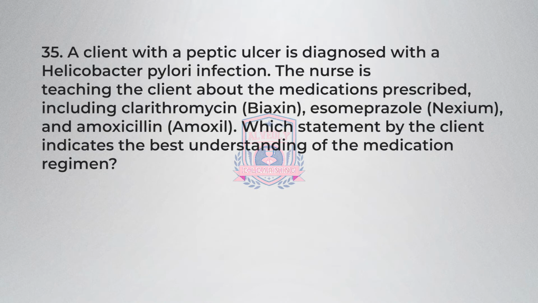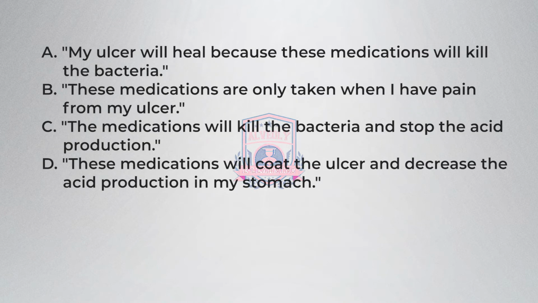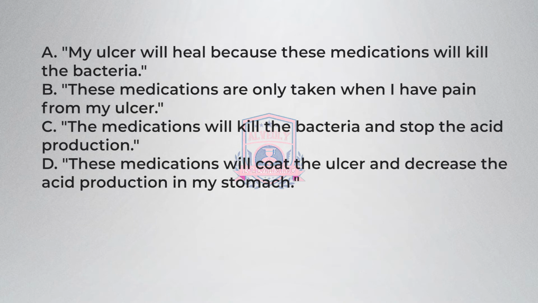Question 35. A client with a peptic ulcer is diagnosed with a Helicobacter pylori infection. The nurse is teaching the client about the medications prescribed, including clarithromycin, Biaxin, esomeprazole, Nexium, and amoxicillin, Amoxil. Which statement by the client indicates the best understanding of the medication regimen? A. My ulcer will heal because these medications will kill the bacteria.